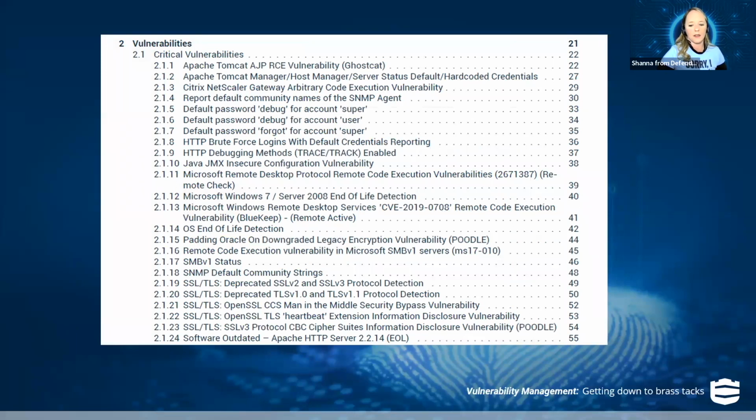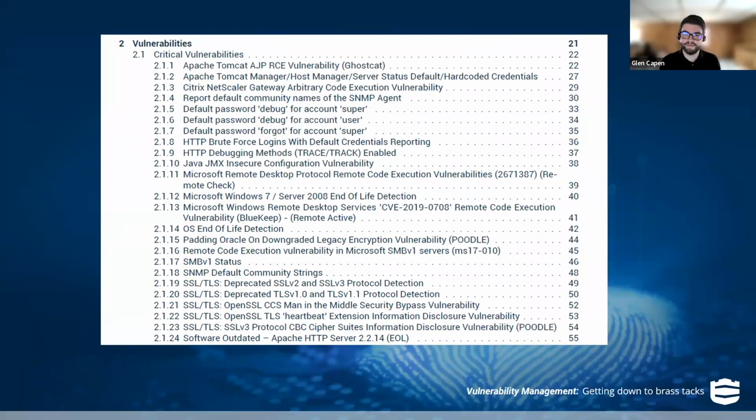So here is an example of a vulnerability scan. And so you can see some of the examples of some of the vulnerabilities that are uncovered. So out of date Apache, always, am I right? Default passwords. We see a lot of SSL, TLS, a lot of those types of vulnerabilities.